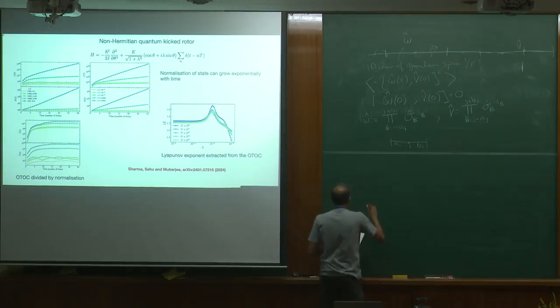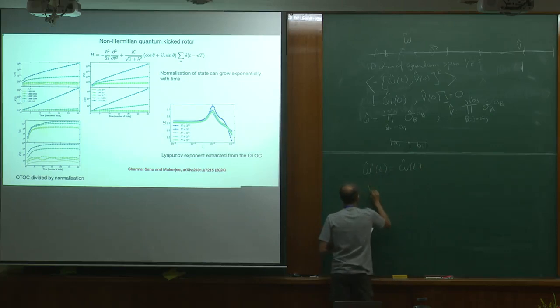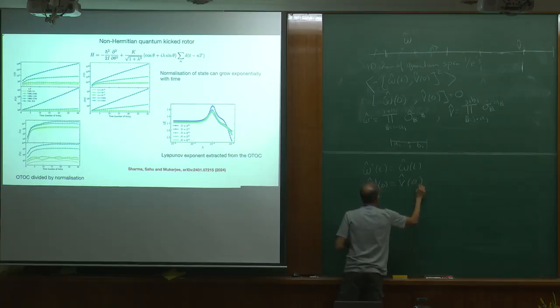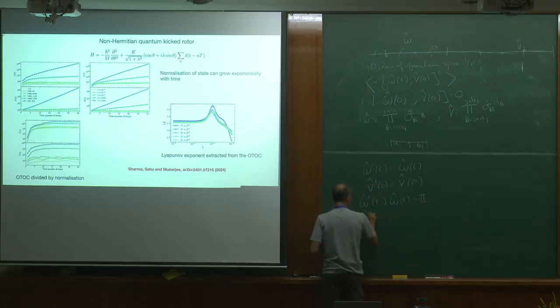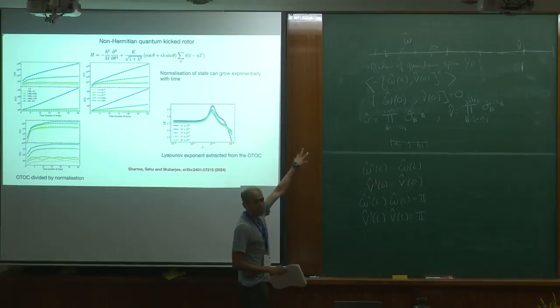But it turns out that if, in addition to the property that these operators are Hermitian, you also have the property, like those do, that these are unitary, then that expression simplifies even further.